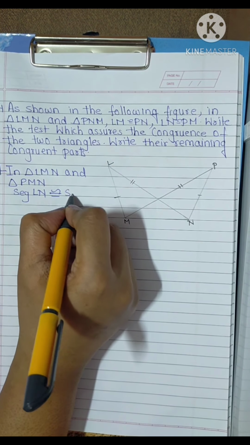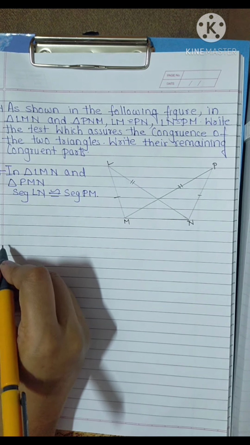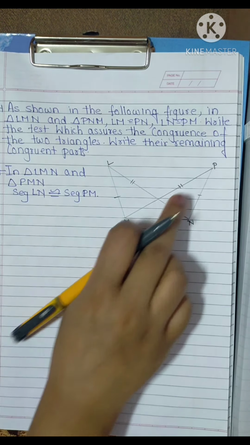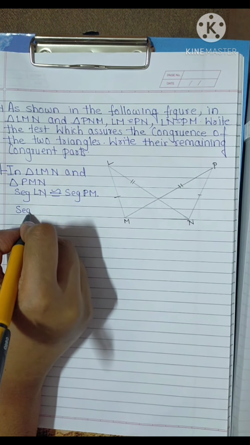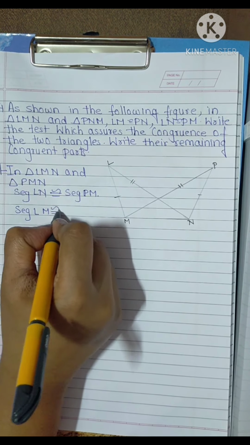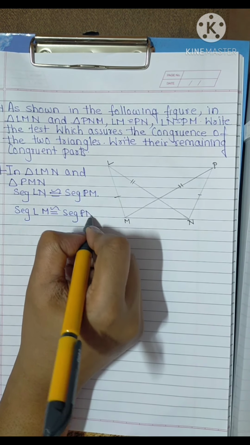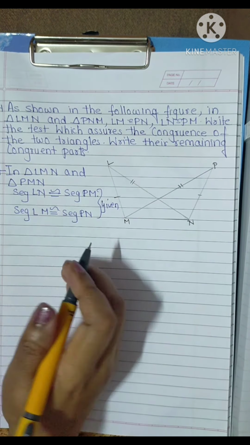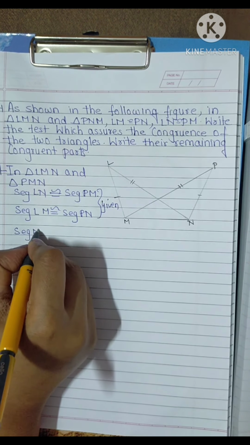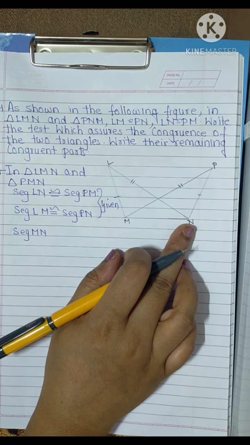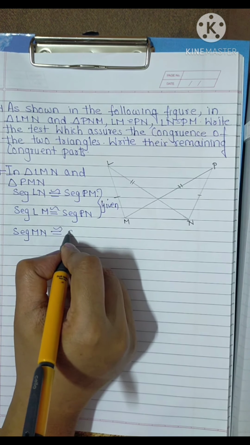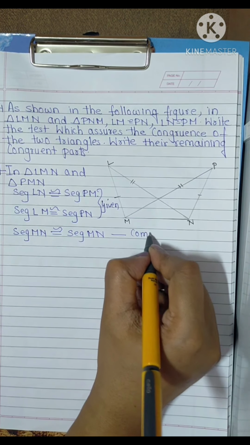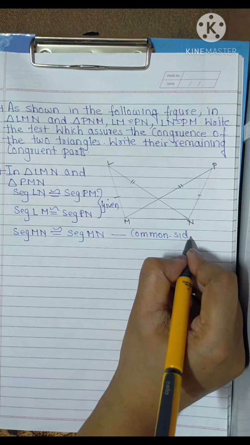Again, segment LM is congruent to segment PN. So these all are given conditions. Now we have to write segment MN is congruent to segment MN, a common side.